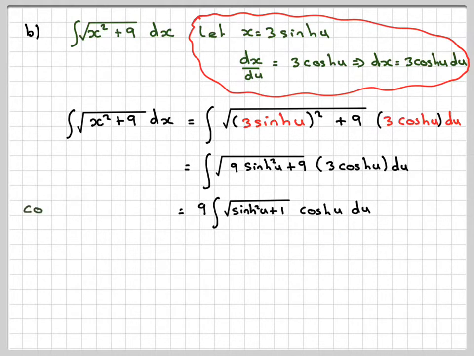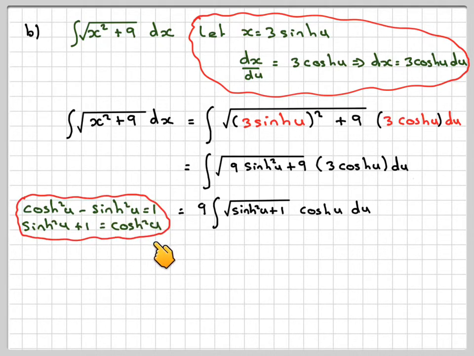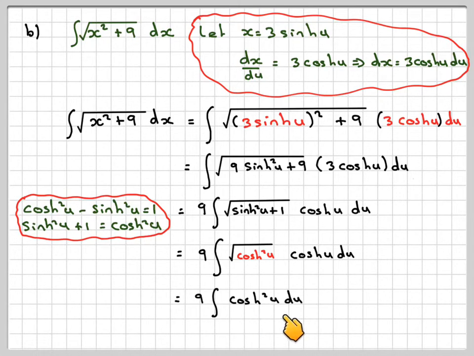Now, we know that cosh squared u minus sinh squared u is equal to 1, and therefore that sinh squared u plus 1 is cosh squared u. So I'm going to now put in here the square root of cosh squared u, times cosh u du. If you square this and square root it, you get back to cosh u, but then if you combine it with that, it becomes 9 cosh squared u du.